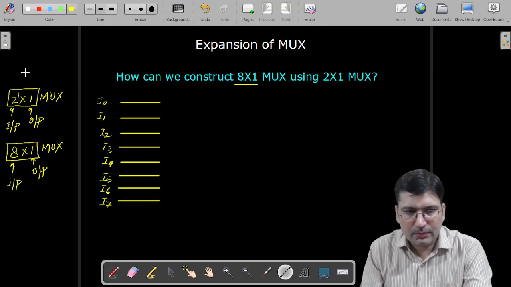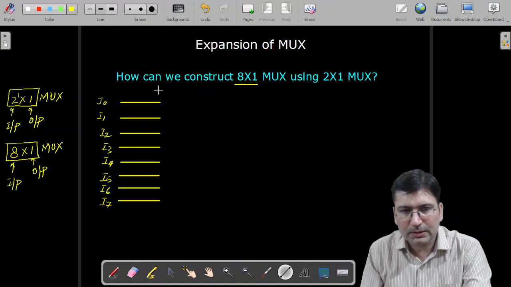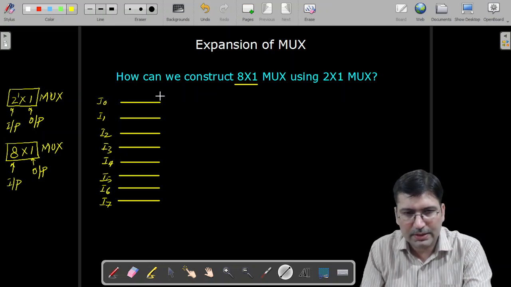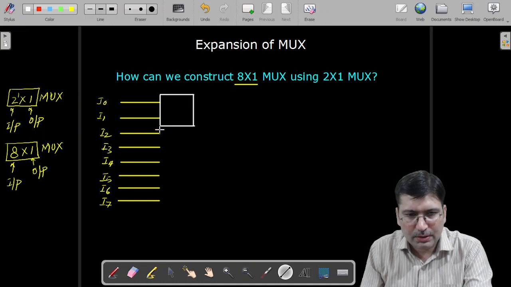Because we have only 2x1 MUX, we can pass 2 inputs by having a 2x1 MUX, which can take only 2 inputs. So these first two inputs we pass to this MUX. Similarly, these two inputs need another 2x1 MUX, and these two inputs go to another multiplexer which is also 2x1.